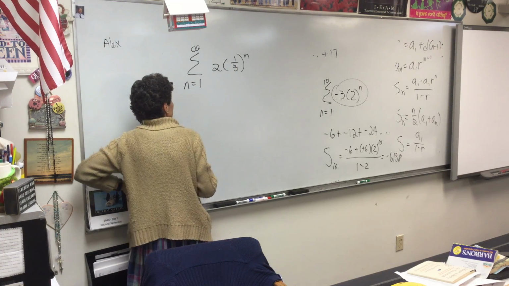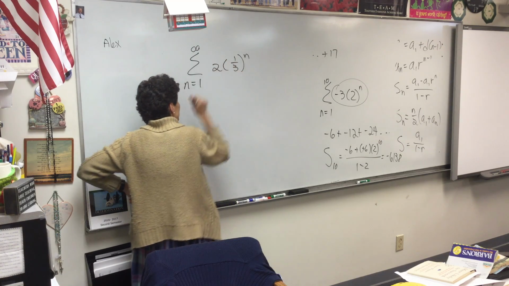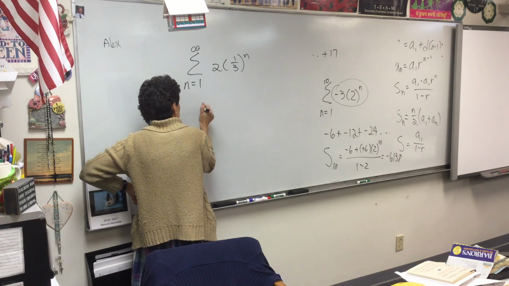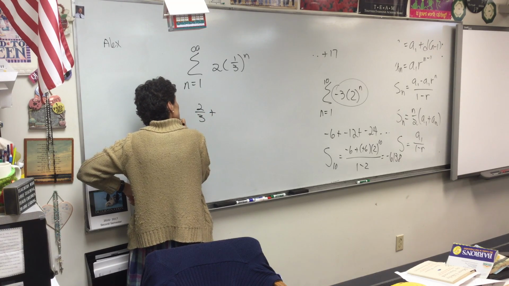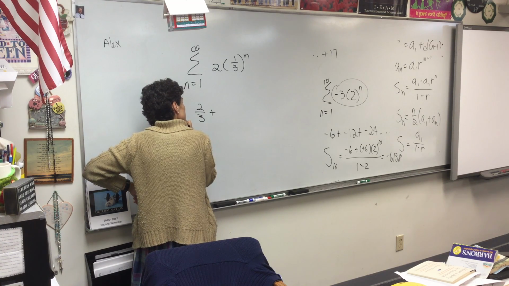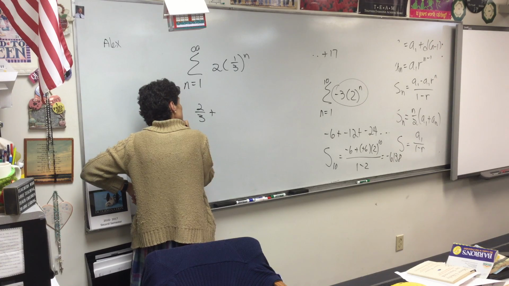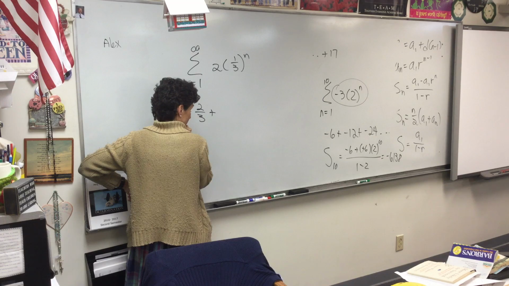What do we get if we let n be 1? What would that first term be if we let n be 1? 2/3. And if we let n be 2, what's 1/3 squared?